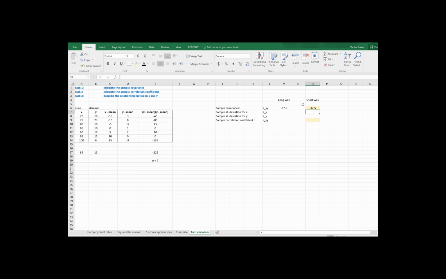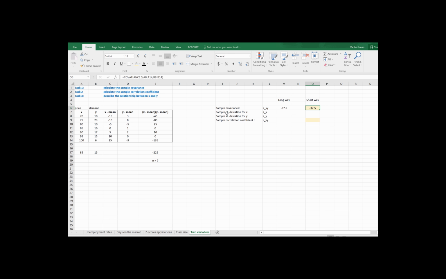What this number doesn't tell us is the strength, and that's what we need to do now: compute the sample correlation coefficient, which will give us not only the direction but also the strength of this linear relationship. Let's see how we do this the long way, and then we'll do it the short way.